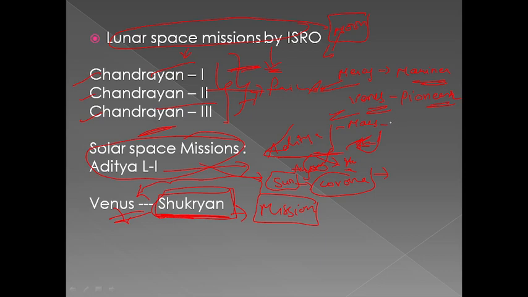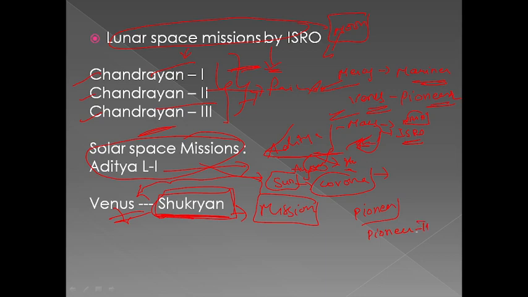Actually the USSR also tried to send machines to Mars, but unfortunately failed, and NASA also failed while trying to reach Mars. So up to now only ISRO was successful in reaching Mars with MOM. Coming to Jupiter, NASA's Pioneer mission was going on. In Saturn, NASA's Pioneer 2 mission was going on.